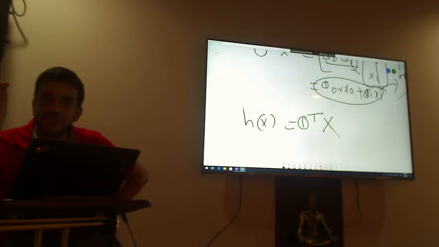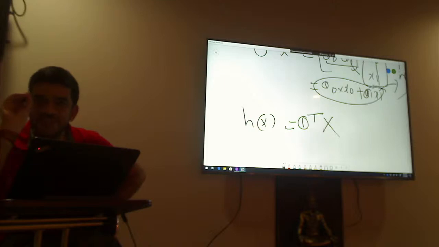So a couple of things you need to understand. Now it's easy. When you generalize, you need to understand that there are n features. Remember what a feature is? A feature is the set of input variables.